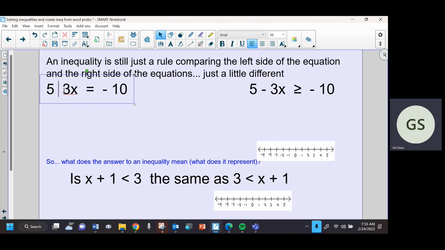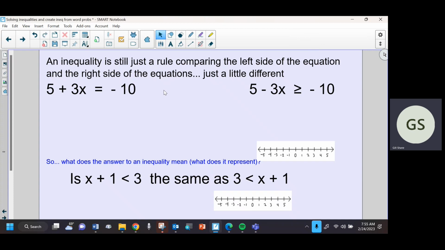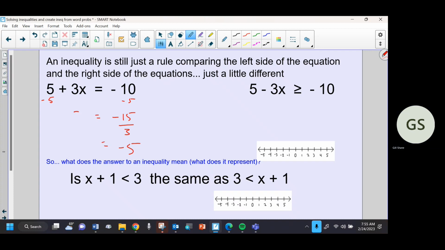You can just keep what you have. I'm going to solve this out real quick. We say -5, subtract 5, -15, divided by 3, 3x divided by 3, and we get x is -5.